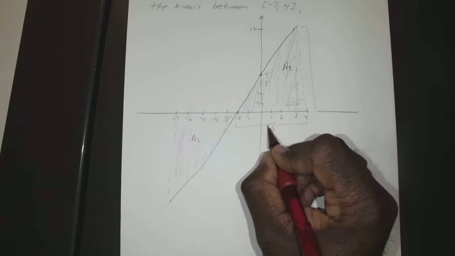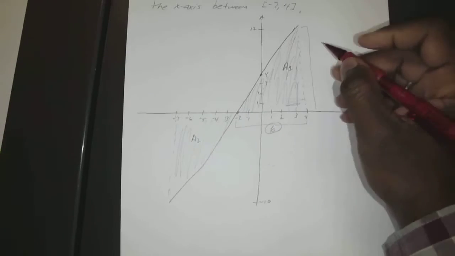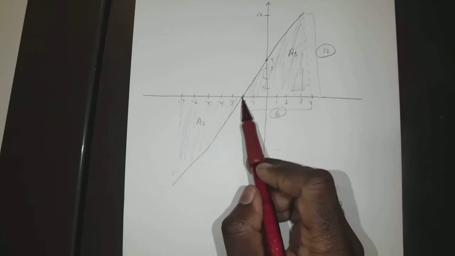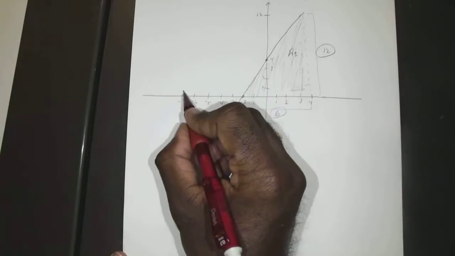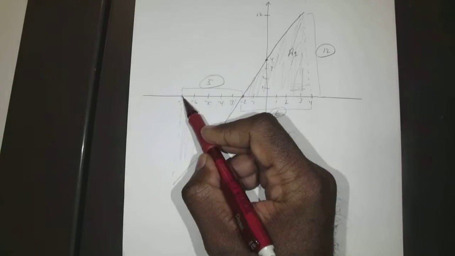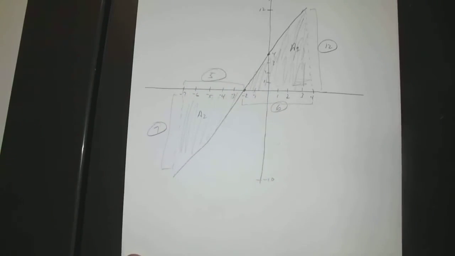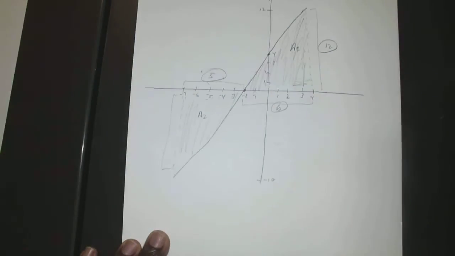So this has a length of 6. Our height has a height of 12. So you go from -2, 3, 4, 5, 6, 7. So this has a length of 5. And this has a height of 10. I don't know what I was looking at 7 for. 10. That's right.